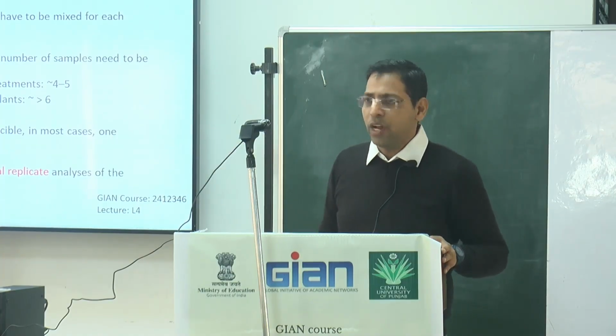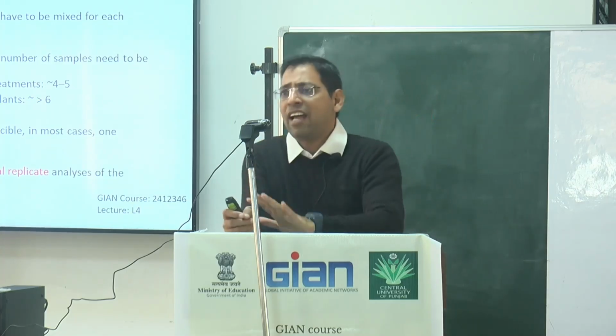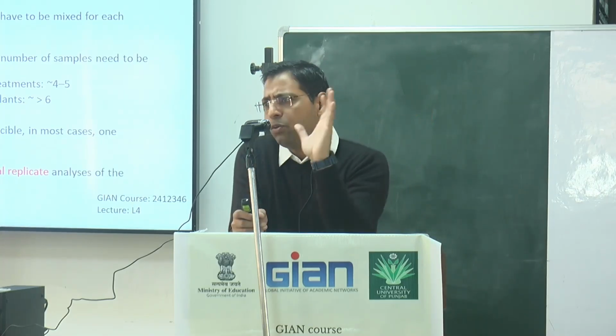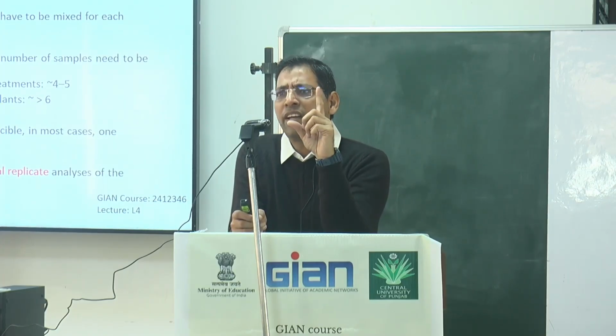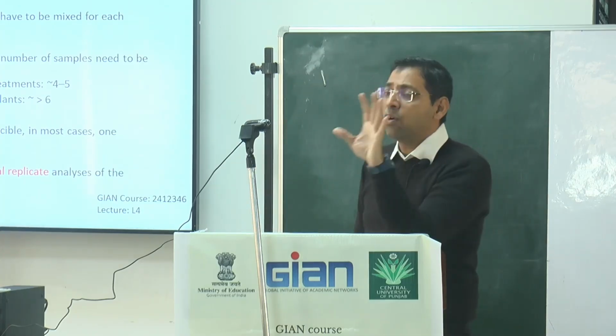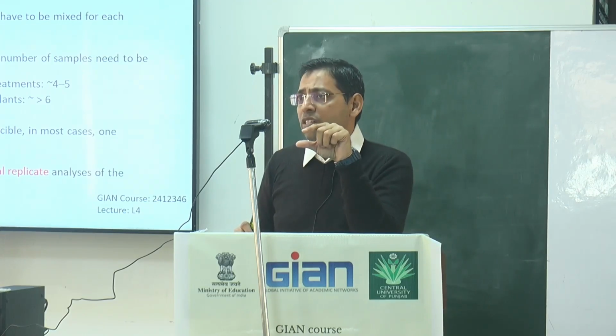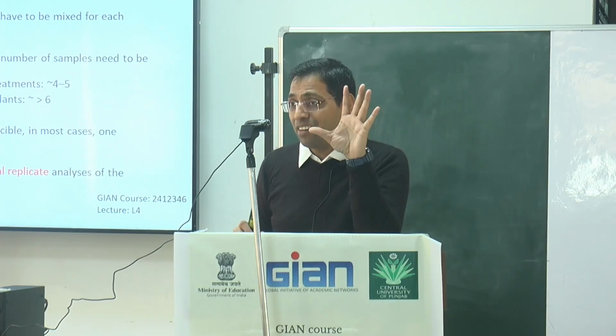The other point is technical replicates. If you are working with NMR, there is no need to take a technical replicate, because one NMR spectrum is enough to give you a clear picture of your work. Biological replicates matter more, so you have to emphasize more biological replicates than technical replicates.